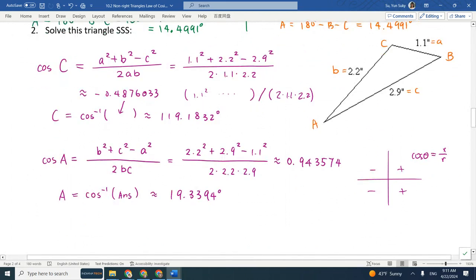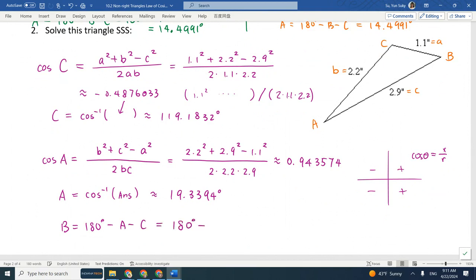And now the remaining angle B is 180 degrees minus A and C. So 180 degrees minus 19.3394 and minus 119.1832.